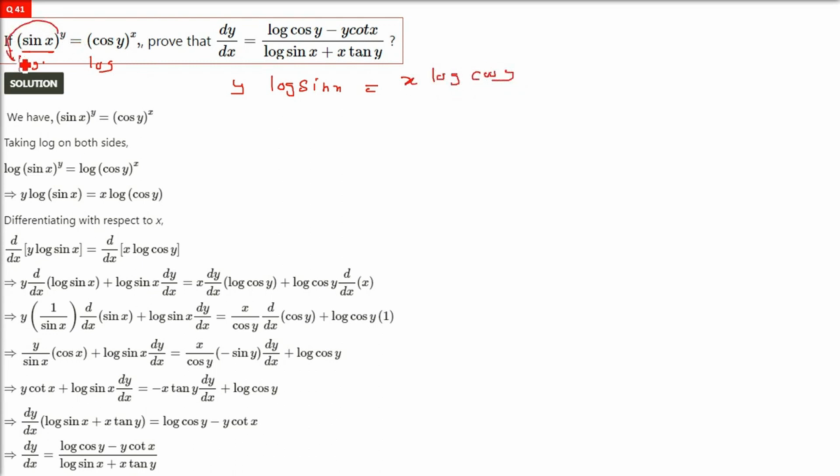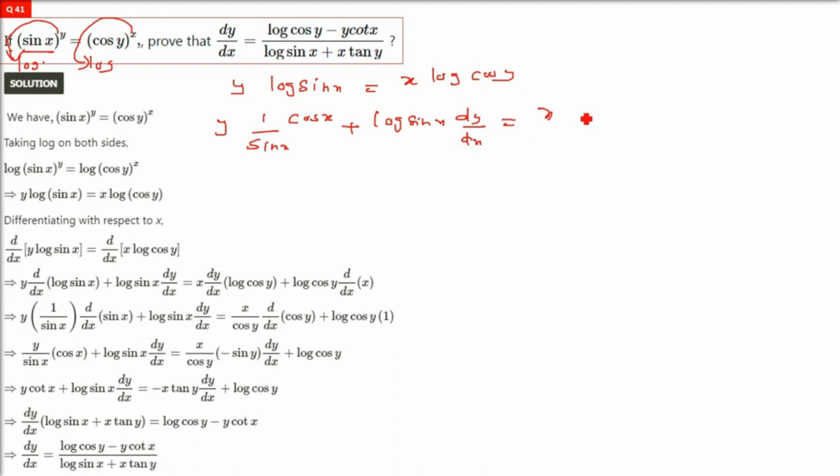Y will come in front, here x will come in front. Okay, let's differentiate. Y log sin x will be 1 by sin x, and sin x will be cos x. And then we have, then log sin x will take outside, and then we will differentiate y. So log sin x dy by dx we have to do. Now is equal to x log cos y.